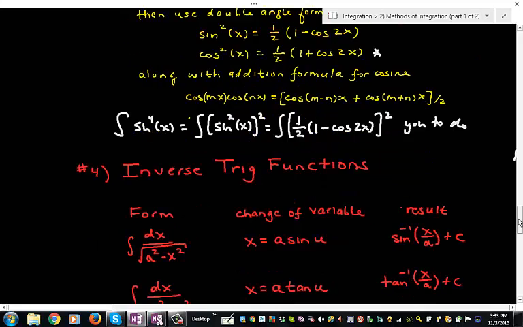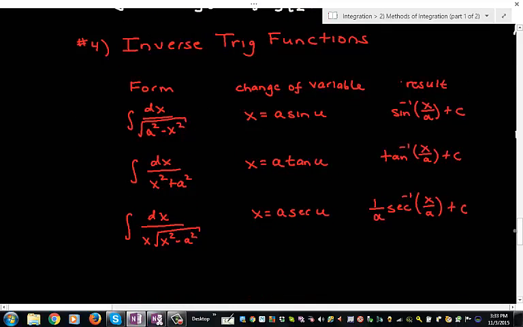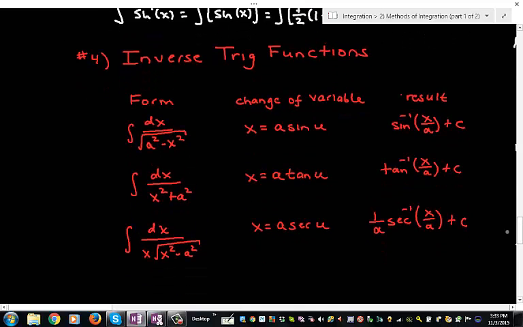The last case in which we use change of variables a lot is on these things that we call the inverse trig functions. And there's three different general forms that can occur. The first is the integrand being 1 over the square root of a squared minus x squared. And notice the change of variables we make.